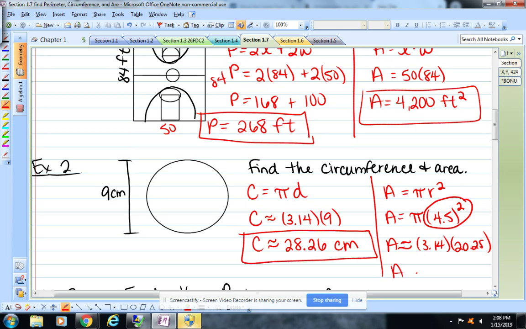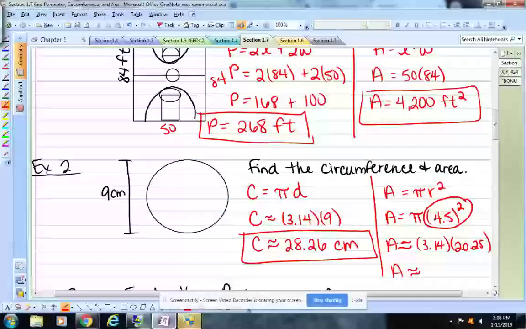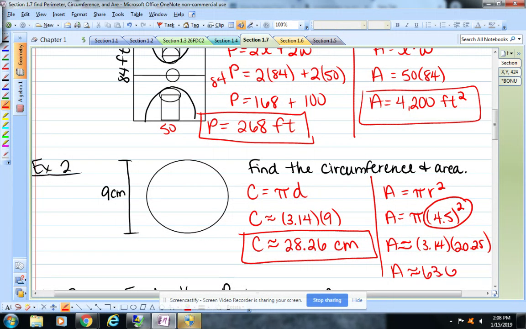So, yeah, we're still squiggling because anything that we use in the calculator for pi is going to round pi. So I'm getting about 63.6. Did y'all get that? 63.6. What's my units? Just centimeters? Area should be squared. Any questions on a circle?